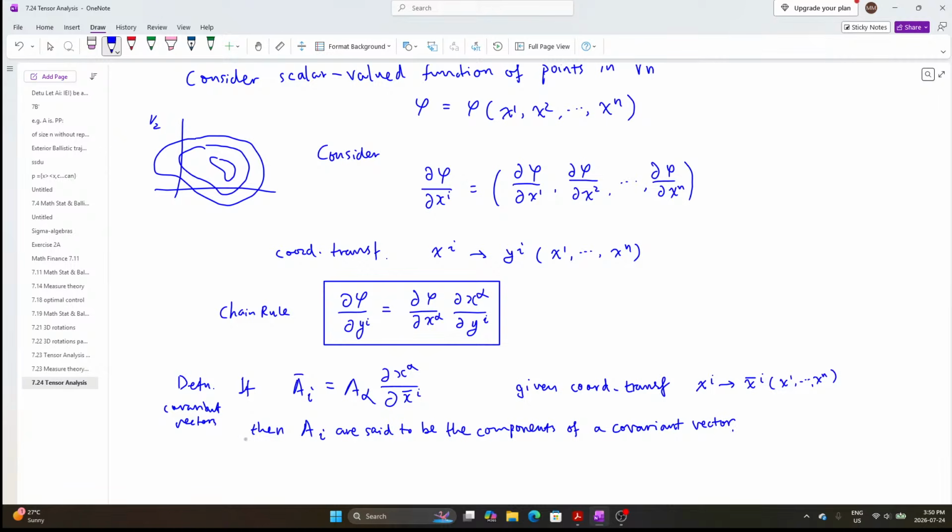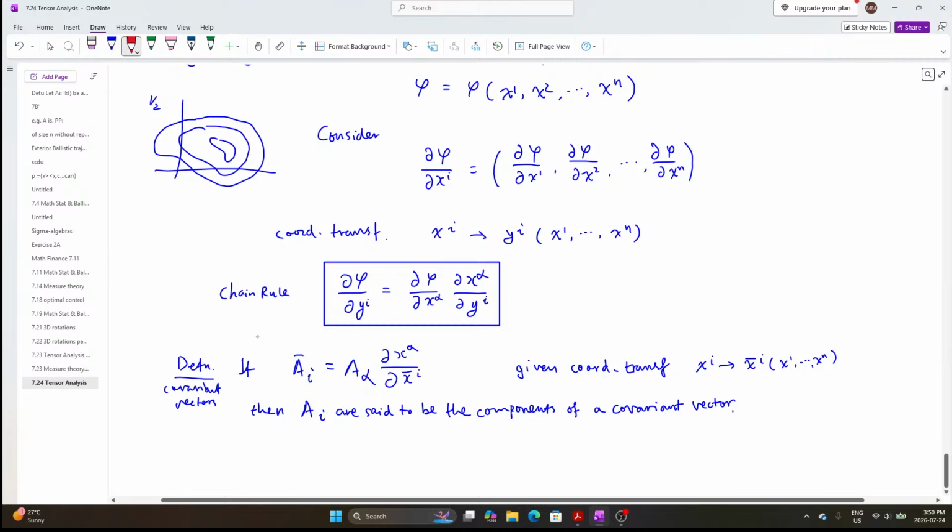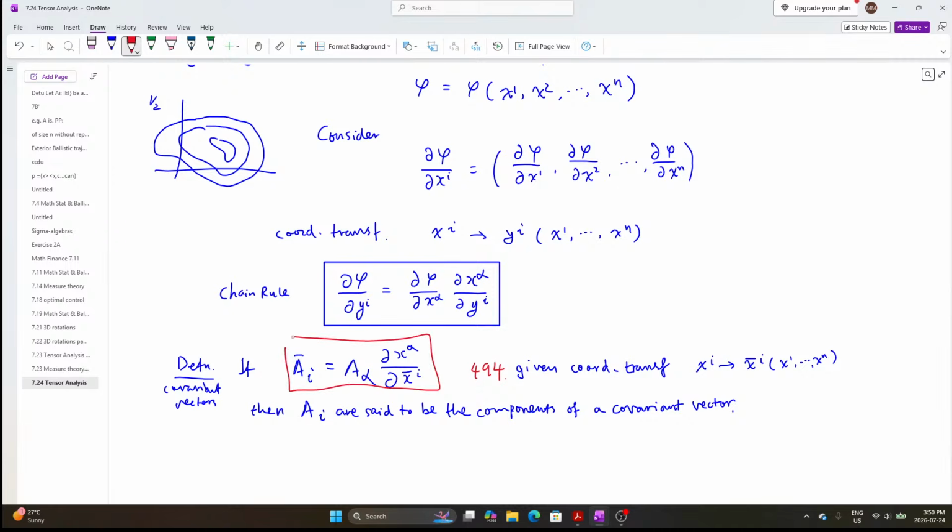So is everyone on board now? That's the law. This is 494, the second law. This is how a covariant vector's components transform. And here the author asks the rhetorical question: what is the difference between a contravariant and covariant vector?